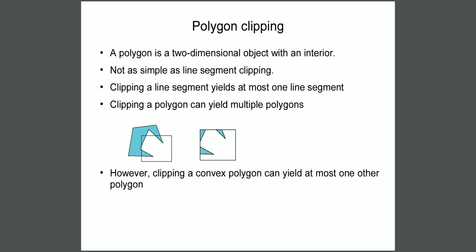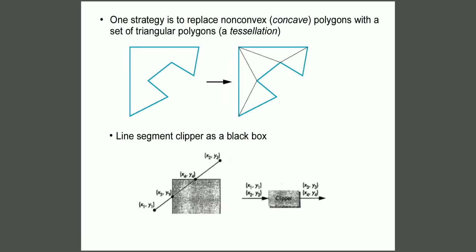To solve that problem, before performing clipping on a concave polygon, we need to convert it to a convex polygon, and then apply clipping. The conversion of a concave polygon to a convex polygon is known as the tessellation operation or tessellation process. For example, in the diagram, the first part is a concave polygon, and when we apply the tessellation process, that polygon gets converted to a convex polygon.